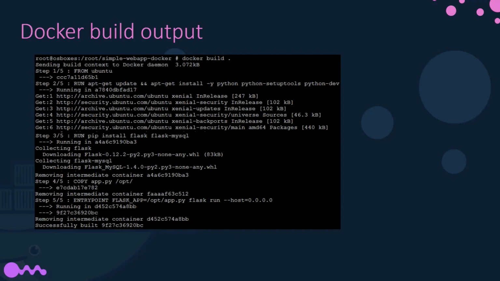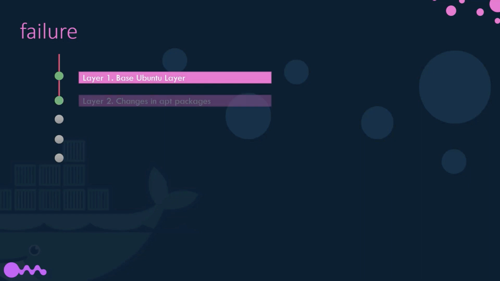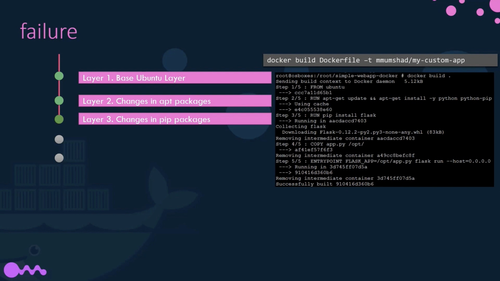All the layers built are cached, so the layered architecture helps you restart Docker build from that particular step in case it fails, or if you were to add new steps in the build process, you wouldn't have to start all over again. So in case a particular step was to fail, for example, in this case, step 3 failed, and you were to fix the issue and rerun docker build, it will reuse the previous layers from cache and continue to build the remaining layers.